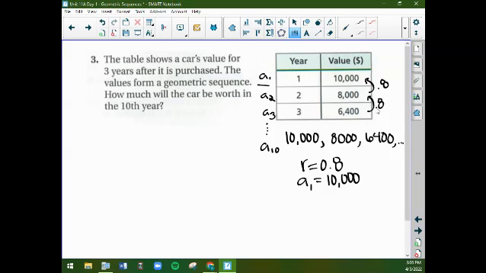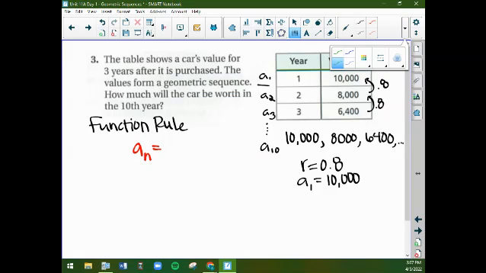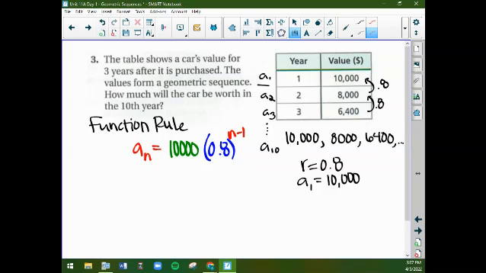So let's take this and let's write a function rule. Okay, so our function rule, a sub n is equal to our first term, 10,000, times the rate, 0.8 to the power of n minus 1. Right?